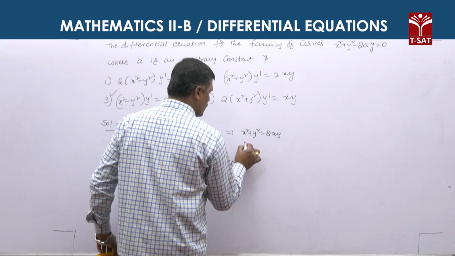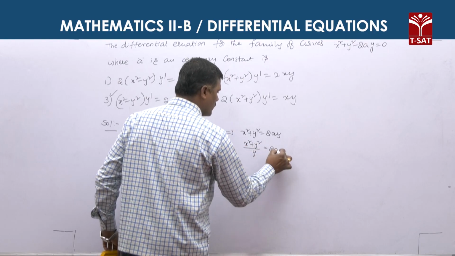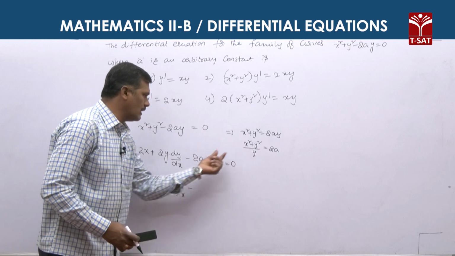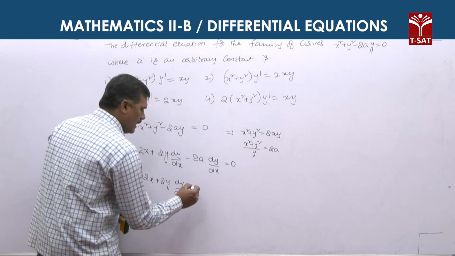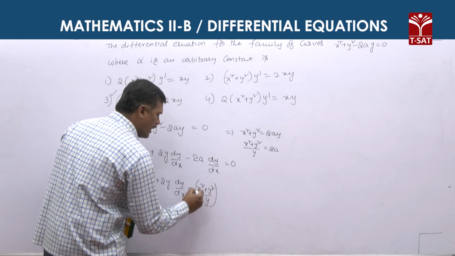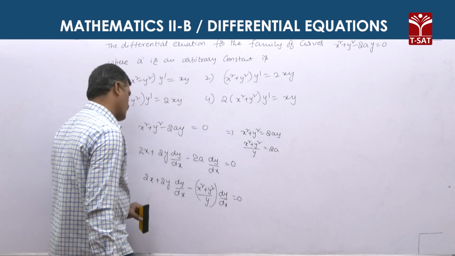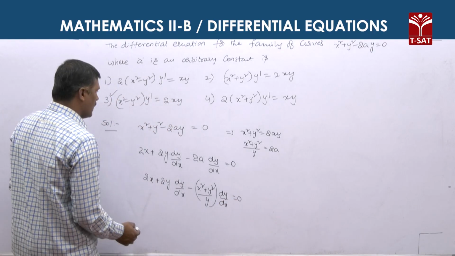Therefore, 2a is equal to (x square plus y square) by y. Substitute the 2a value from here: (x square plus y square) by y into dy by dx is equal to 0.